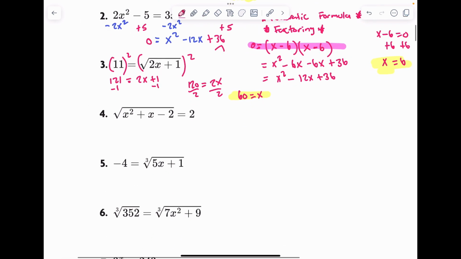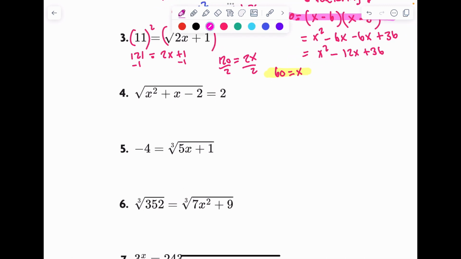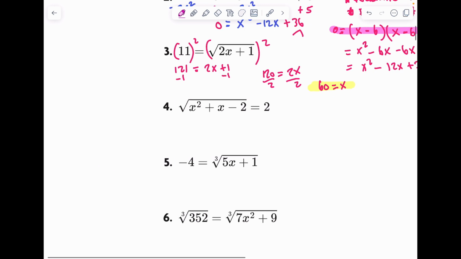Now, number 4. So very, very similar here, right? What did I say earlier? If I have a square root of a big number inside a block, we'll call it a block, equals 2. So, again, if you have a square root, you want to square it, okay?